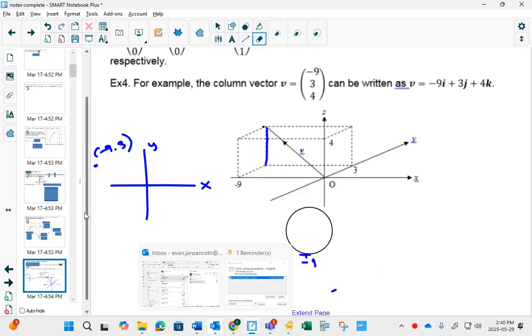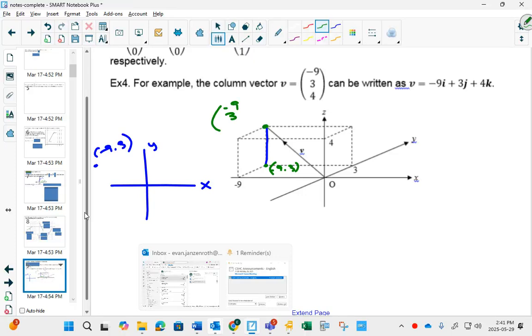I think the one that I did on the computer is quite a bit nicer, but that's the idea. Your x and y coordinate got laid flat, and you go straight up and down for your z coordinate. This would be the point -9, 3, and then you go up 4 units from there. And this would be the point as a column vector, -9, 3, 4.